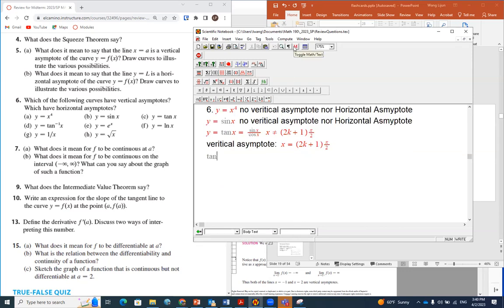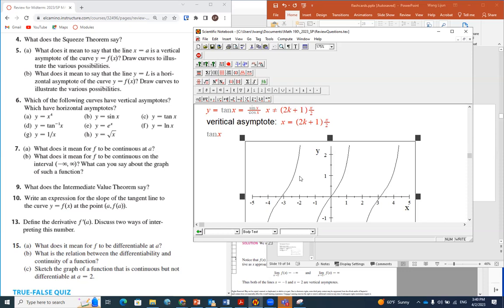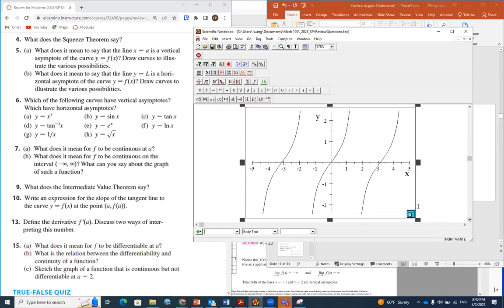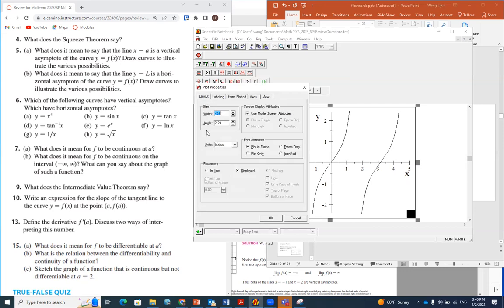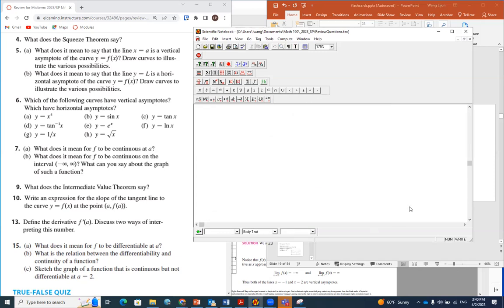Okay, so tangent x, you can easily just graph it, right? So all those vertical asymptotes, right, at negative pi over 2, positive pi over 2, 3 pi over 2, and so on and so forth. And those are the vertical asymptotes. Okay, so let's not spend too much time here. If you have any questions, please don't hesitate to reach out to me.